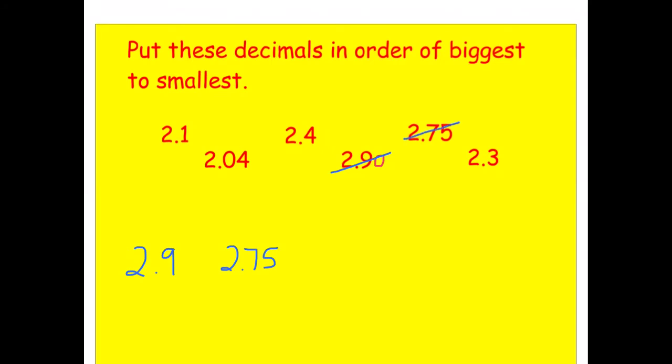Third biggest number is 2.4. Again, if you want to imagine it, it just means 2.40. Our next biggest value then would be our 2.3. So again, if you want to imagine it as 2.30. Then we have our 2.1. And finally, our smallest value on the screen is 2.04.